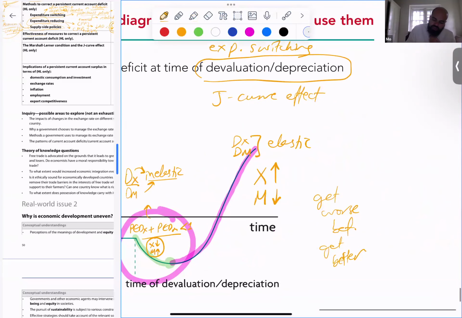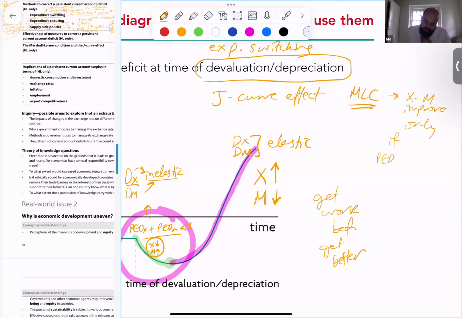What's the Marshall-Lerner condition? The Marshall-Lerner condition says that x minus m will improve only if PEDX plus PEDM is greater than 1. This only happens in the long run. It rarely happens in the short run.